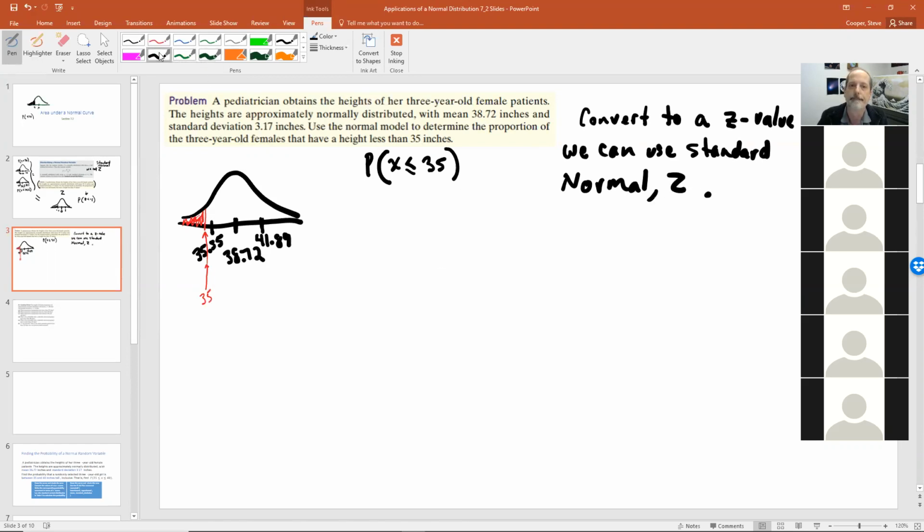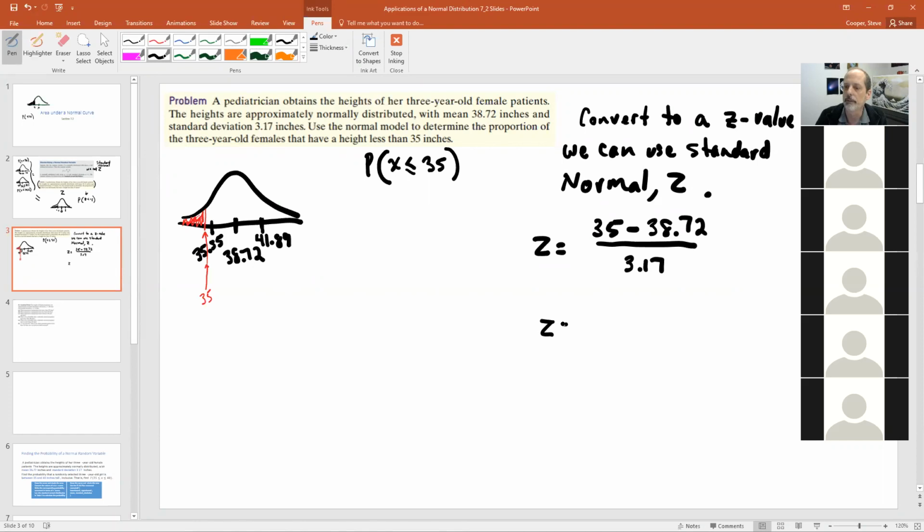So z is equal to the x value in question minus the mean of the underlying distribution, that was 38.72, divided by the standard deviation, which is 3.17.